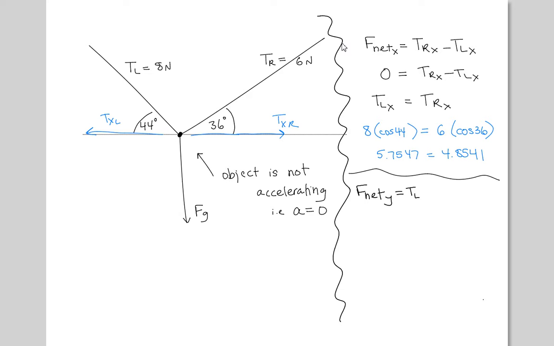So tension left Y and tension right Y. And is there any other Y forces? There's Fg. And which way does Fg act? Down. So let's make that negative Fg. And we know that the net force is 0 in the Y direction.